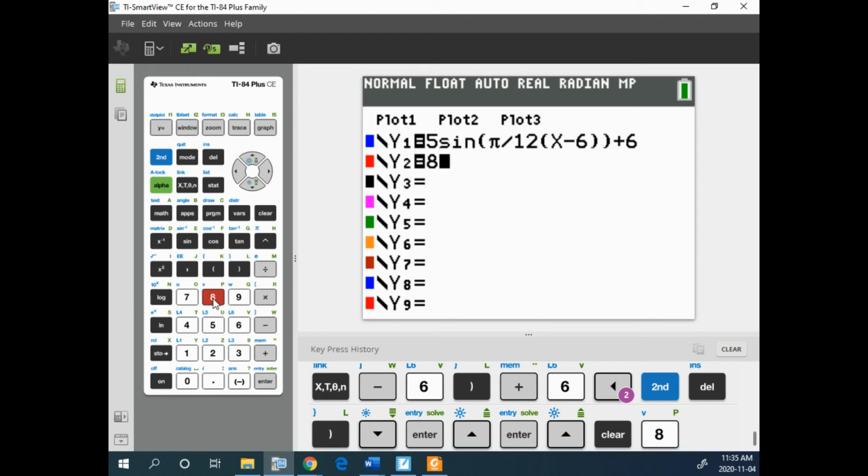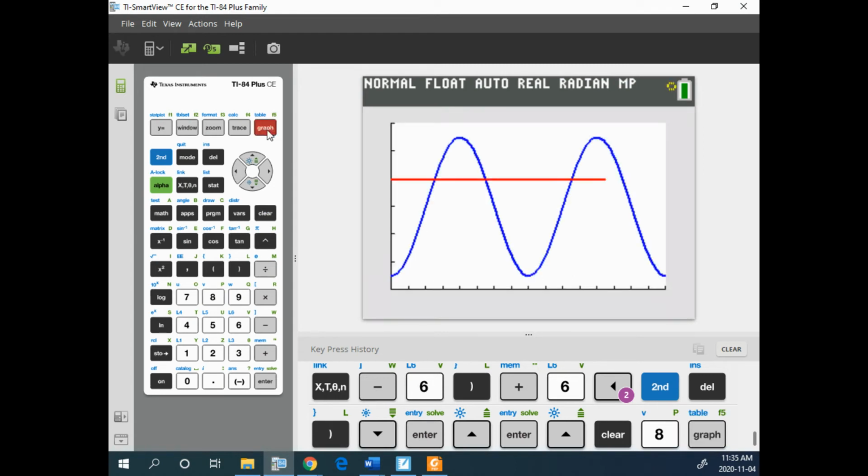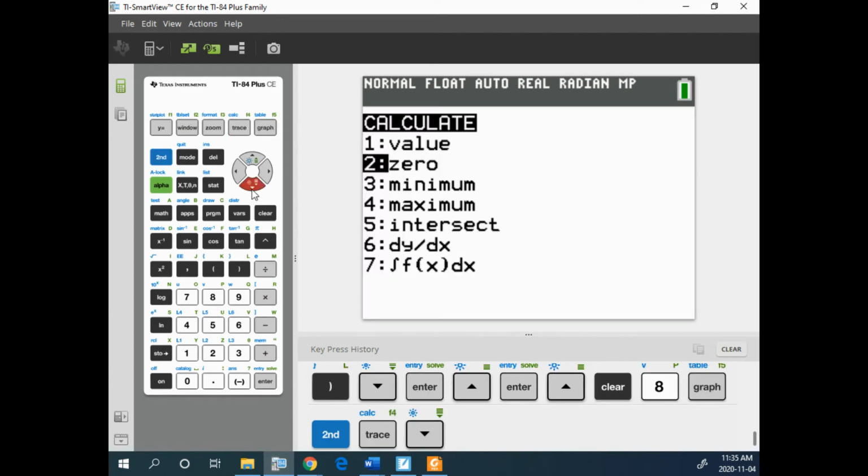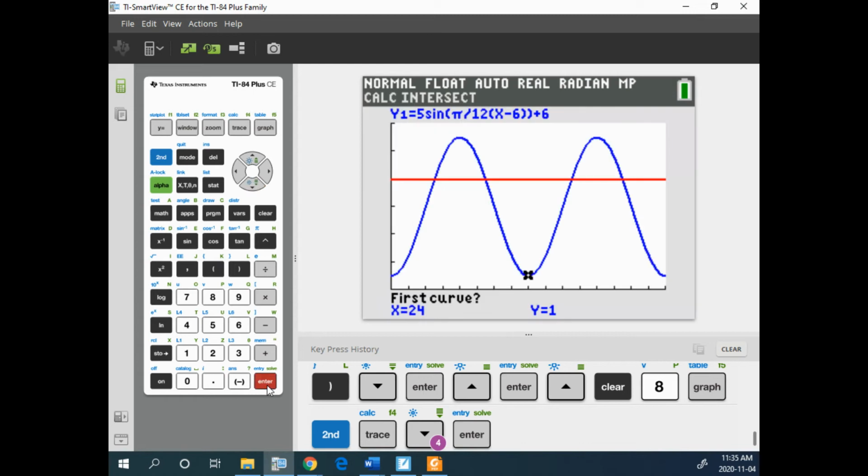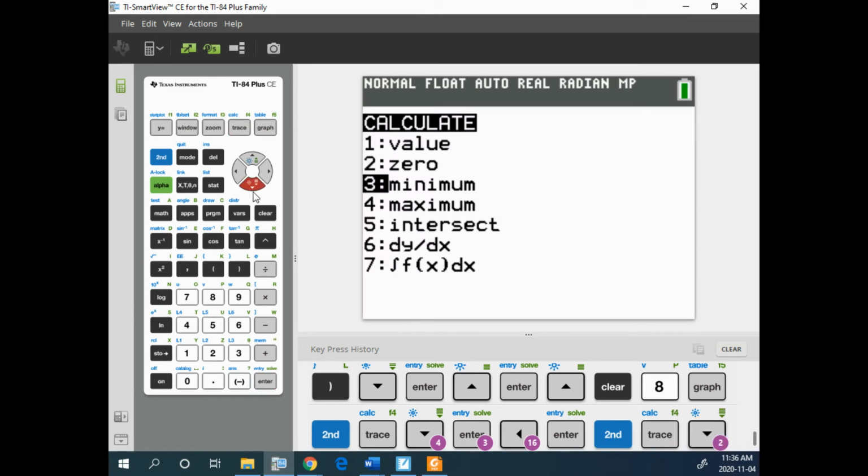Well, let's put in 8. So the time frame in 1 period would be from there to there. And again, this is an intersection question. Second trace, intersection, 16.4, second trace.